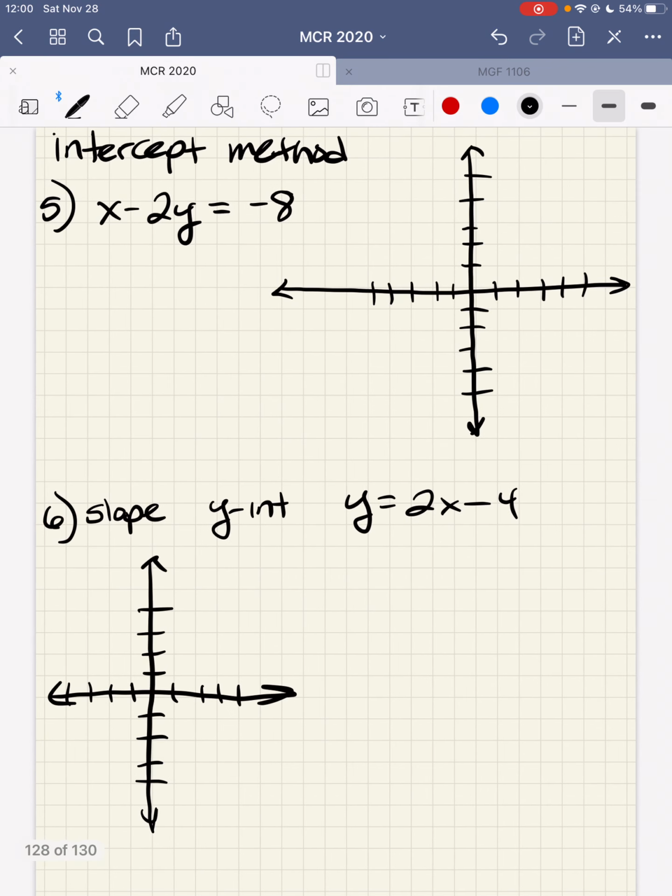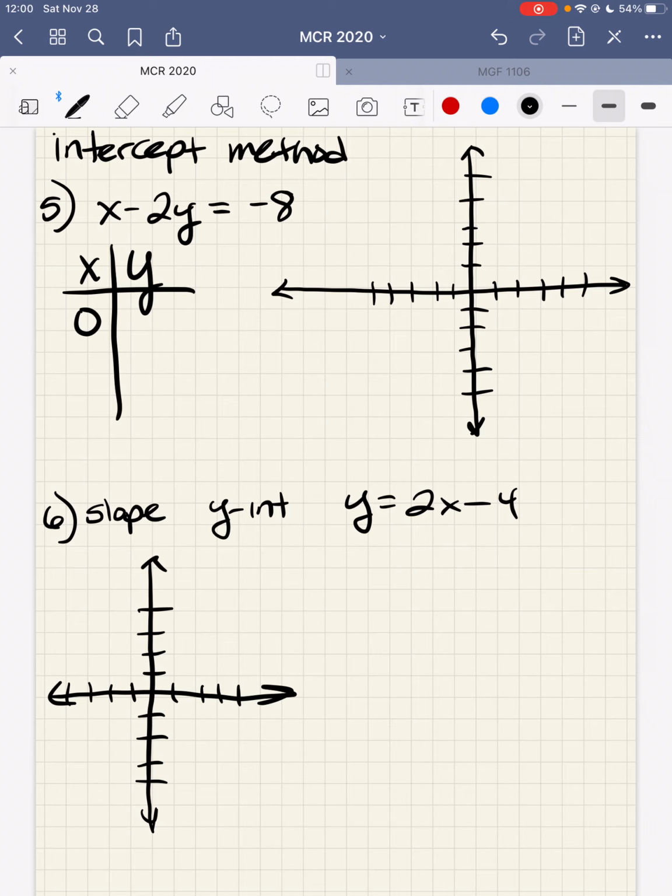Number 5, we're asked to use the intercept method. The intercept method means we use the x and y intercepts only to graph this line. So I'm going to create my xy table, and I'm going to plug in 0 for x and solve for y.